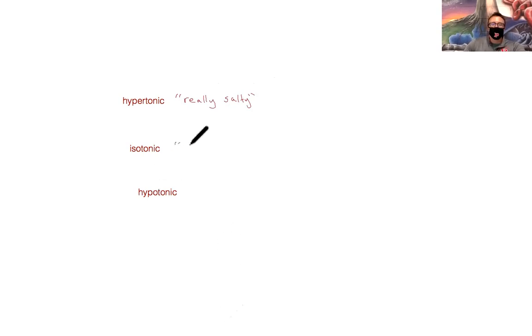Isotonic, I want you to write equal. This will make sense in a second. And then hypotonic, less salty. Right? Because hyper means above, really high. Hypo means below. And iso means equal. Okay?